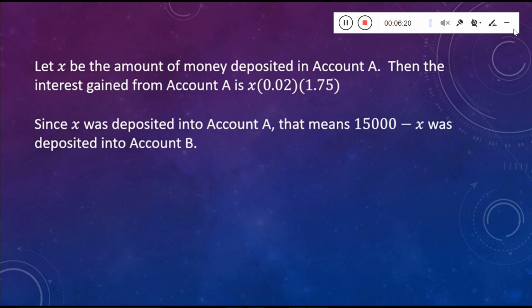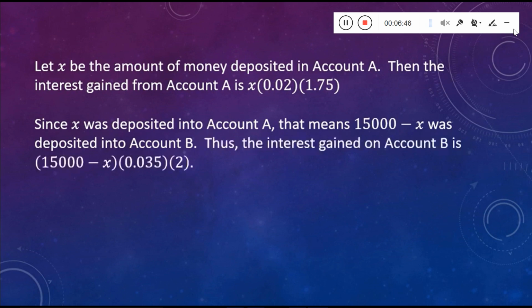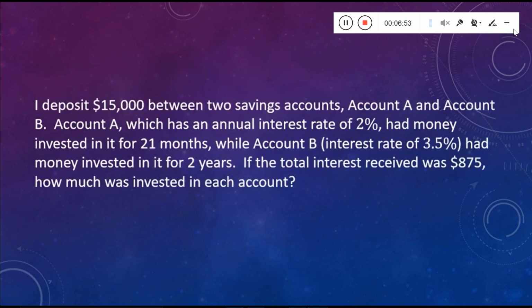Since X is how much money I put into account A, and between A and B I put in 15,000, that means 15,000 minus X is how much money I have to put into account B. So that is going to be my P-value, if you will, for calculating the simple interest that I get on account B. The annual interest rate on B was 3.5%, used as a decimal, that's 0.035.